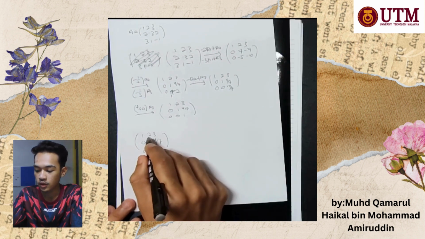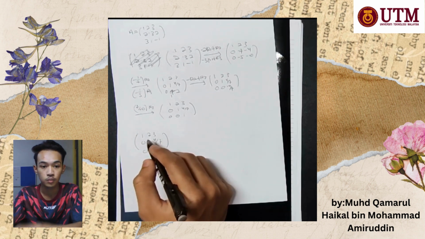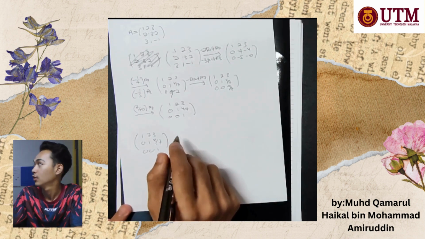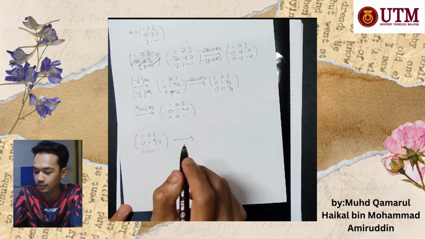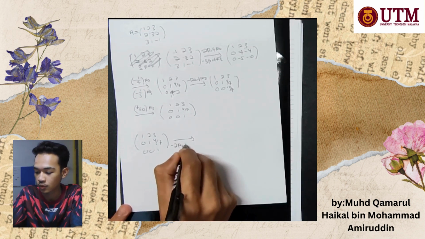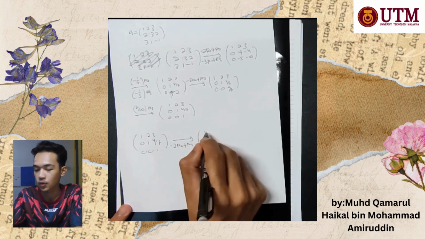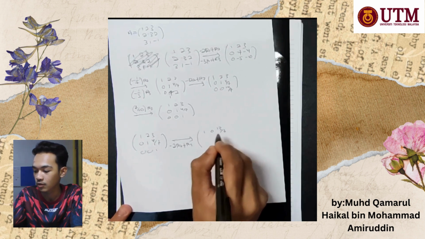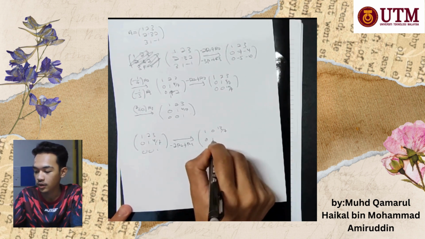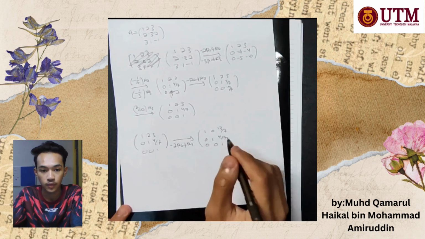In row 1, we want the 2 to become a 0, so we multiply negative 2 with R2 plus R1. So we get 1, 0, 30 over 7, 0, 1, 4 over 7, 0, 0, 1.